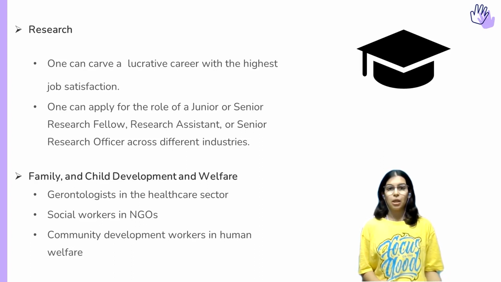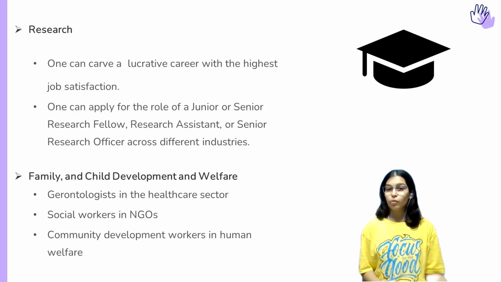And we can make so much of a difference if we indulge in research. So research is, even now, very important for society and for the people living in it. So if you want, you can go for research as a career after sociology.